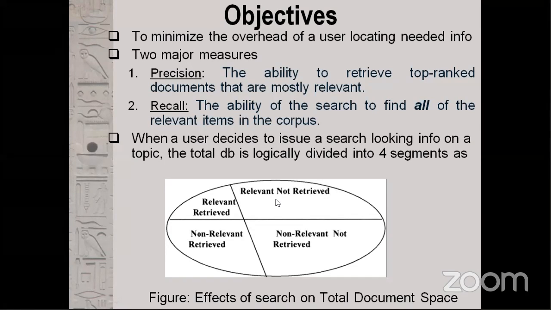Among your documents, some are relevant to the user's query and some are not relevant from the user's perspective. These 2 parts are again categorized into either retrieved by the user or not retrieved. So the entire data is divided into 4 segments.